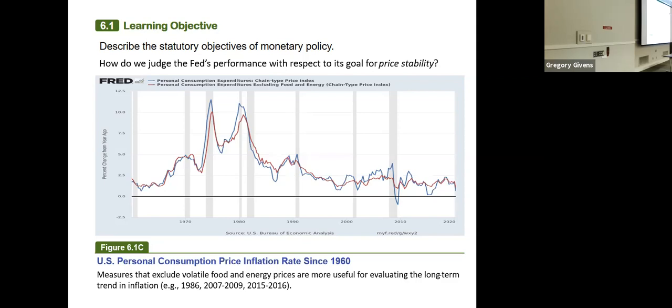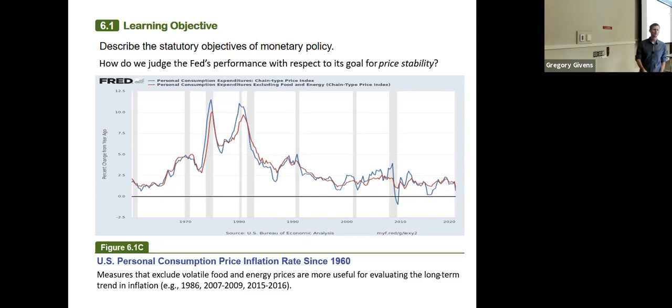Core inflation is basically just PCE inflation, but you strip out a few items. In particular, you strip out food and energy prices. So the price of gasoline, heating oil, as well as all types of food commodities are removed from personal consumption expenditures.